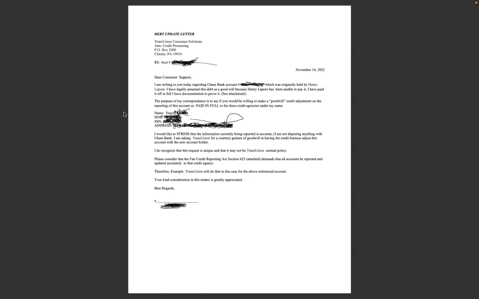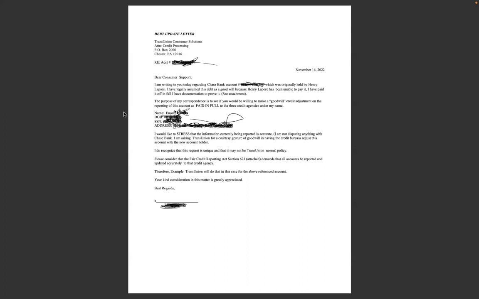And so the person puts first, middle, last name, who this account is supposed to be for. You're going to put their date of birth. You're going to put their SSN, ITIN number, CPN, whatever, you're going to put the person's full address on there, and you're going to say, I would like to stress that the information currently being reported is accurate. I am not disputing anything with Chase Bank.